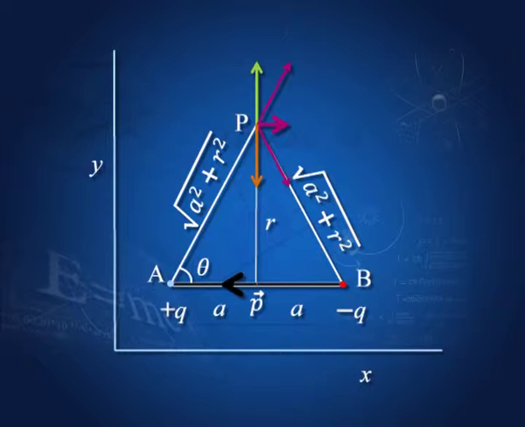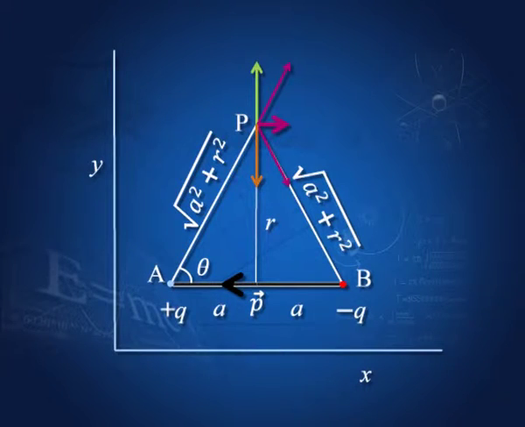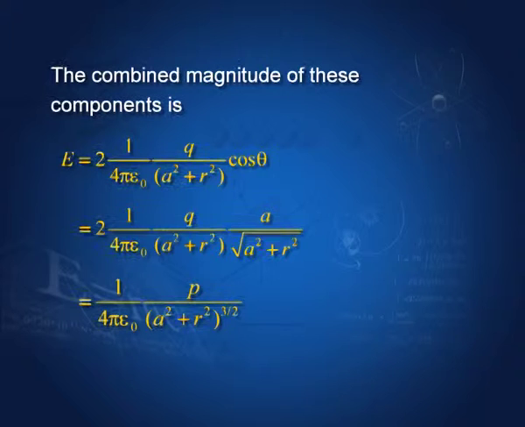The axis of the dipole is in this direction. The perpendicular components cancel, and we can find the magnitudes easily. There is no problem, because the distance is square root of a square plus r square, and therefore, we can find the electric field, and only the cos theta component survives.